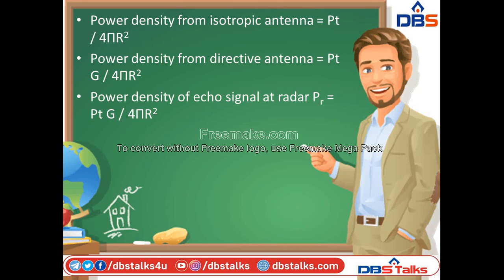See here, the power density from an isotropic antenna, the type of antenna we are going to use, is PT by 4 pi r square. Initially we need to transmit a signal.